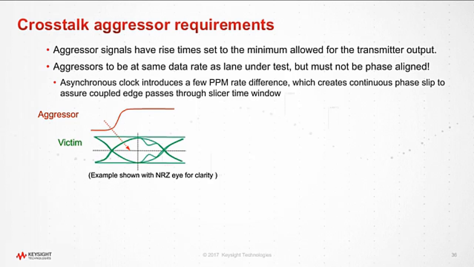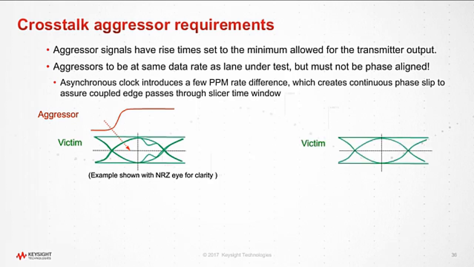Now you might say, well, my real device, all my multiple lanes in my back channel, are all coming off a common clock, so they are going to be synchronous. So what's the problem? Well, the problem is your test environment, even though it's a synchronous clock, may have different delays because the cable lengths are different than the trace lengths on your circuit board. So in a test environment, you might have the situation I show on the left, but in your test environment the delay is such that it's happening right at the slicer, and it's causing a problem.